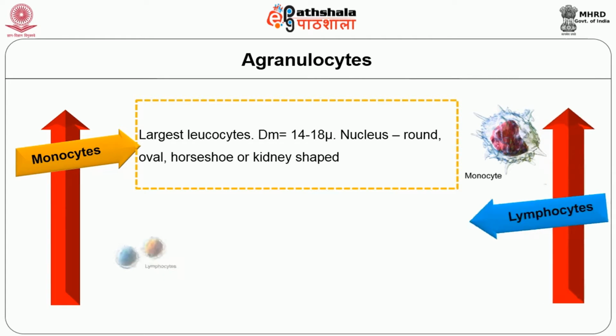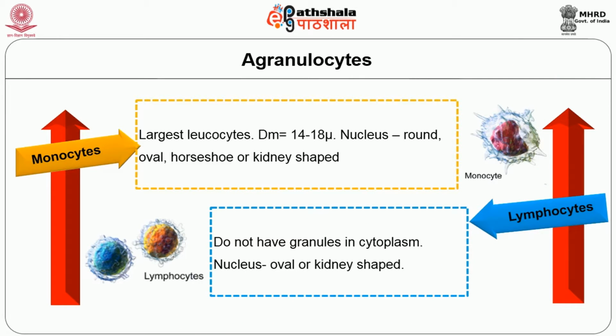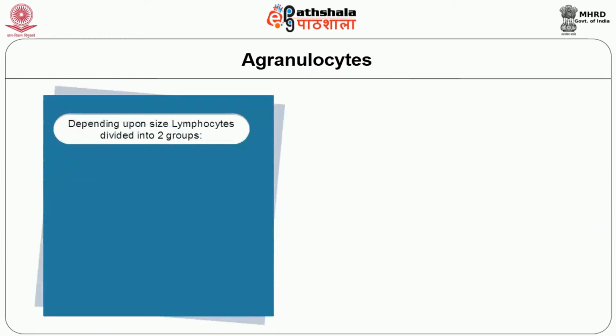Next is the lymphocytes. Like monocytes, the lymphocytes also do not have granules in the cytoplasm. The nucleus is oval or kidney shaped, occupying most of the cell. Depending upon the size, the lymphocytes are divided into two groups. Number one is the large lymphocytes, which are the younger cells with a diameter of 10 to 12 microns.